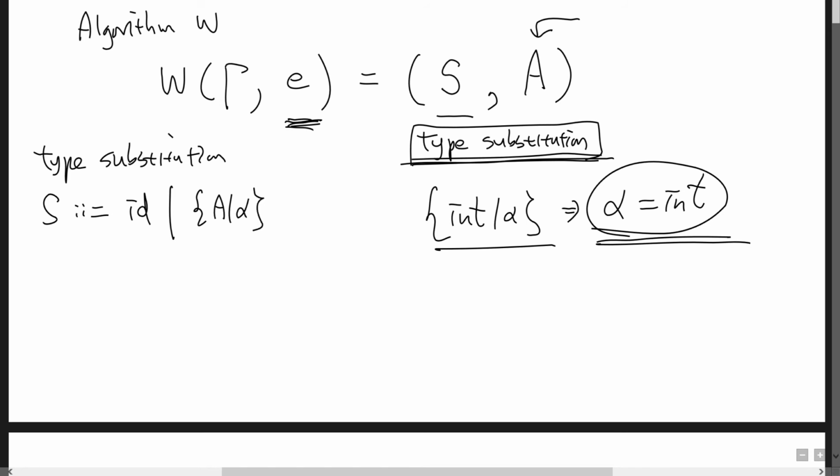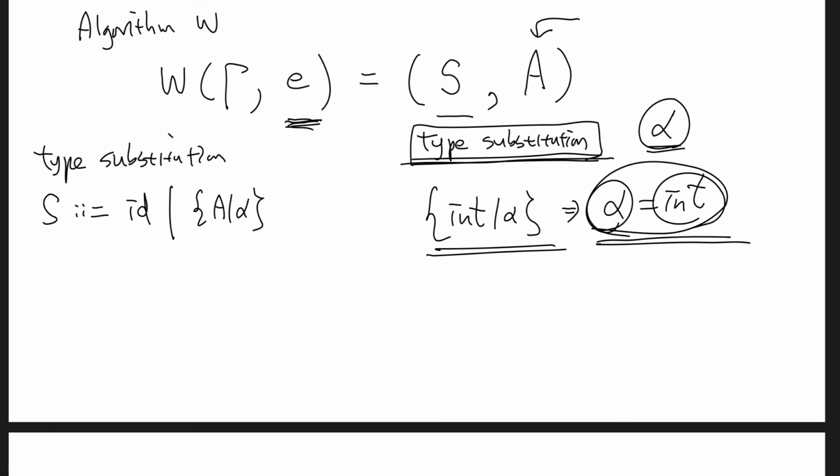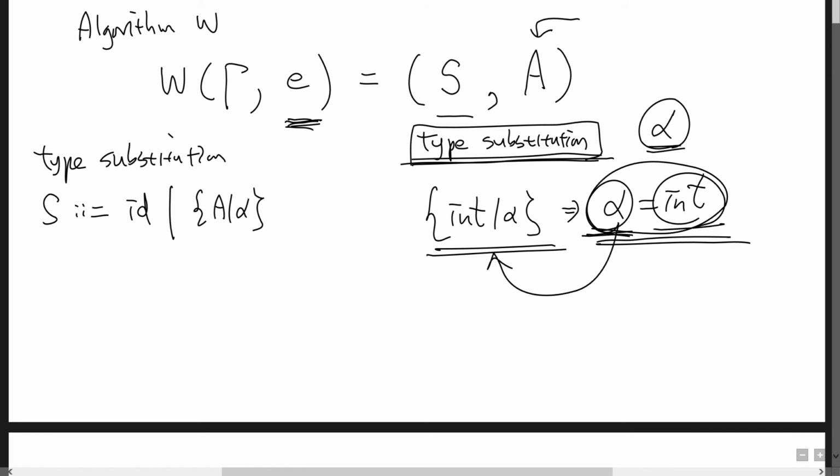This is something like int for alpha, which means that alpha must be set to integer. When we introduced type variable alpha, we did not know what concrete type alpha should be equated to. But later, after analyzing more context and more expressions, we discovered that alpha must indeed be equated to type int. So we generate a type substitution like this one. This is another way of writing that alpha must be equal to type A.